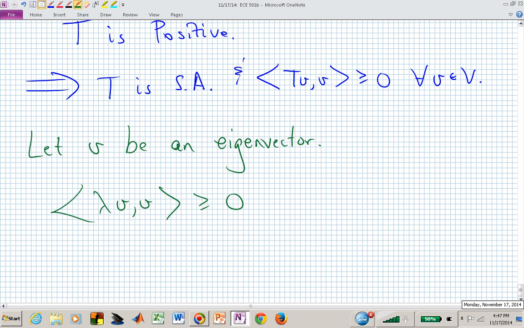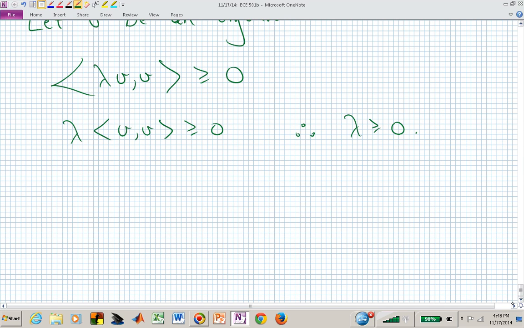But now we know about the homogeneity of the first slot, so that lambda can slide out of the inner product. We know that the inner product of a vector with itself is positive, so we can divide that positive number out, and now we know that lambda is non-negative, the eigenvalues. So that says then that A implies B.